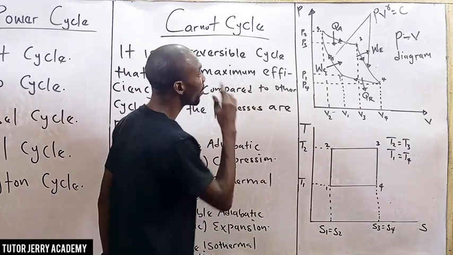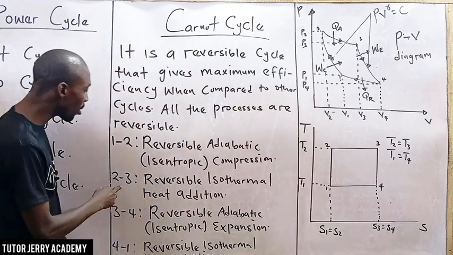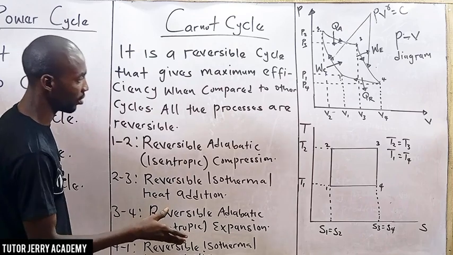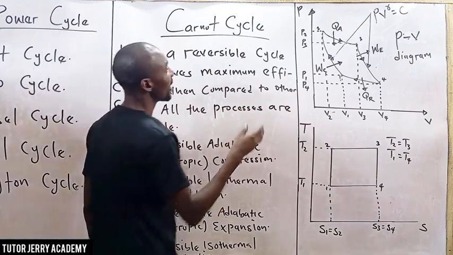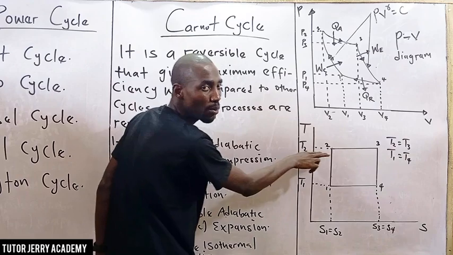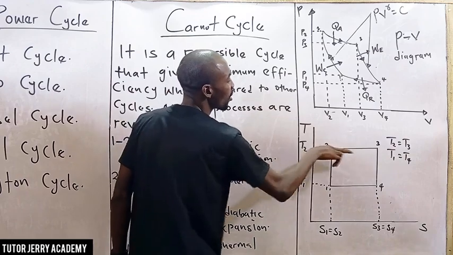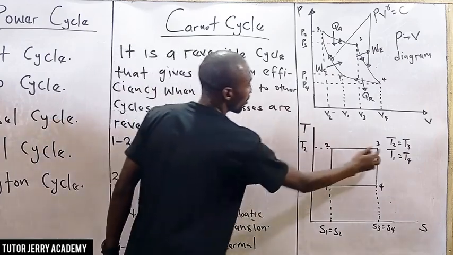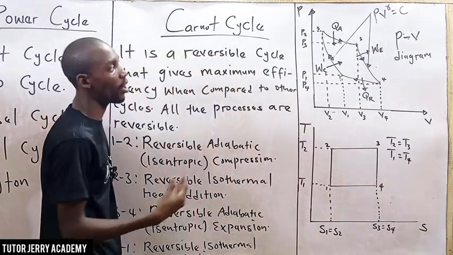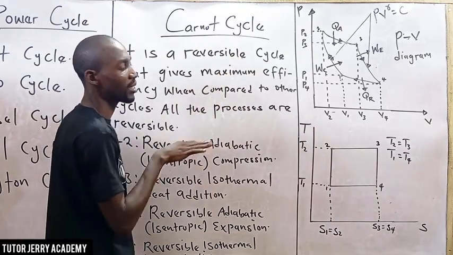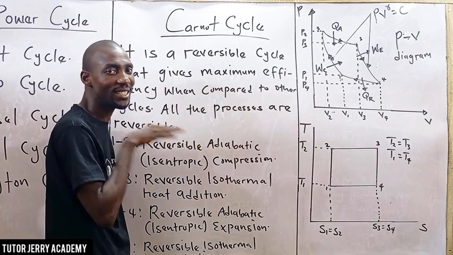All right. So now again, we said from 2 to 3, we have reversible isothermal heat addition. But on the TS diagram, that happens at a constant what? It happens at a constant temperature. Is that clear? That is T2 is equal to what? T3. So for us to have heat addition on the Carnot cycle, it must occur at a constant temperature.